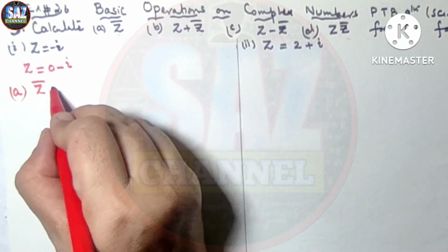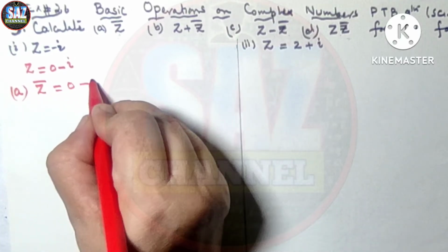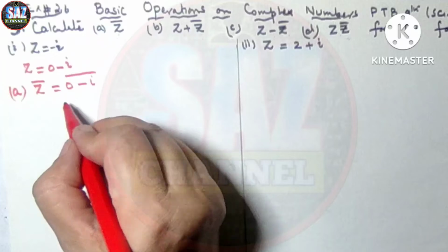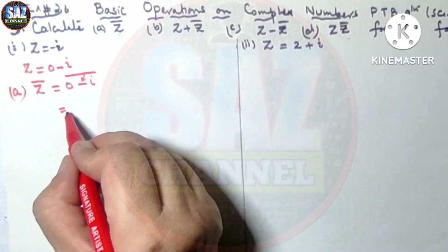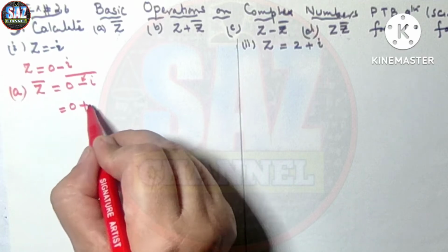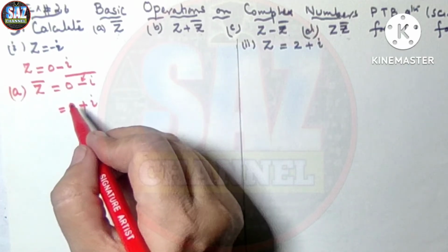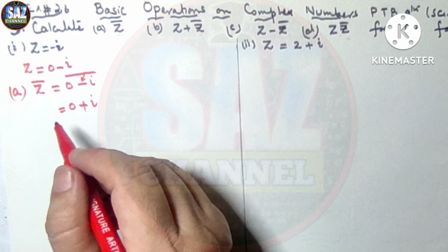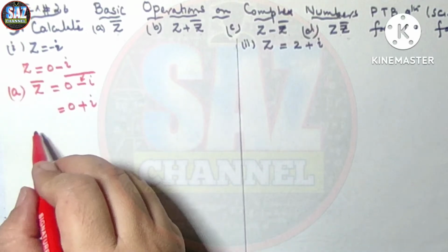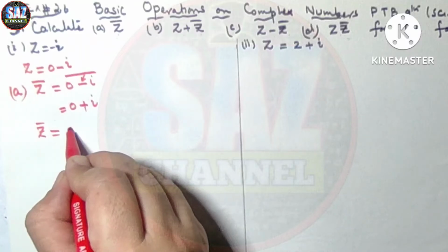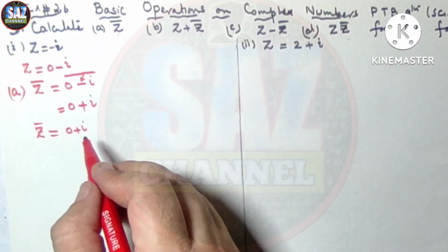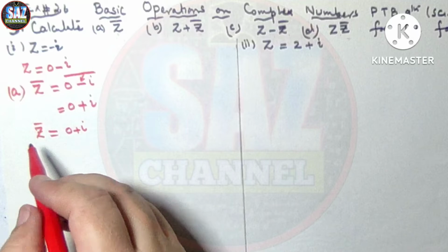Z bar will be equal to 0 minus iota, a very easy question. Where does the change have to come? The change will be coming over here as well. This will change the sign, and it will become 0 plus iota. So, z bar equals 0 plus iota or only iota. It is up to you, and let me block the answer.